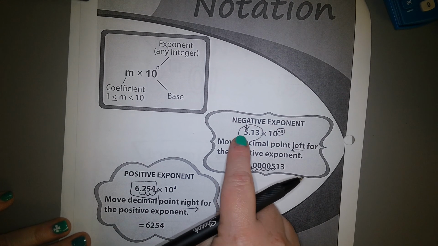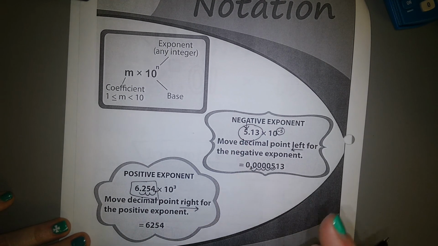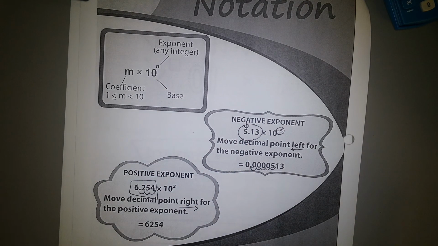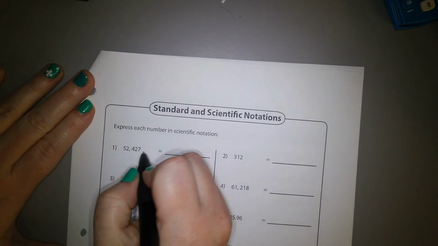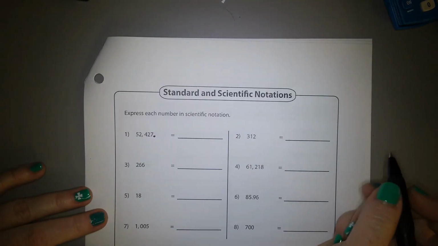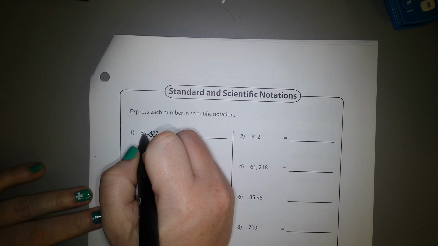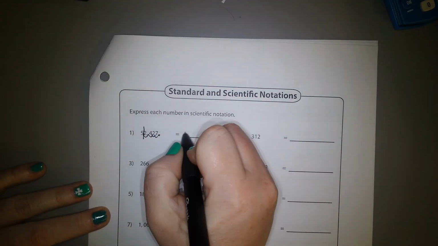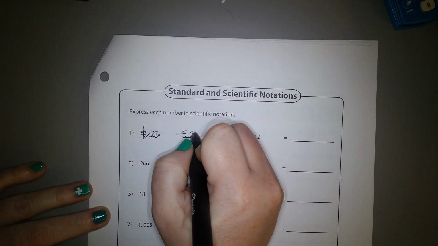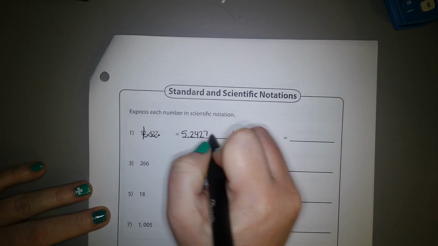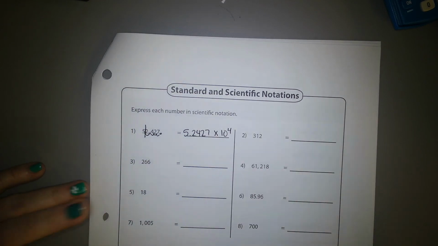You should only have one place value on the left side of your decimal. So here, there's our decimal. We're going to move 1, 2, 3, 4, because it should go in between those two. So 5.2427 times 10 to the value of 4.